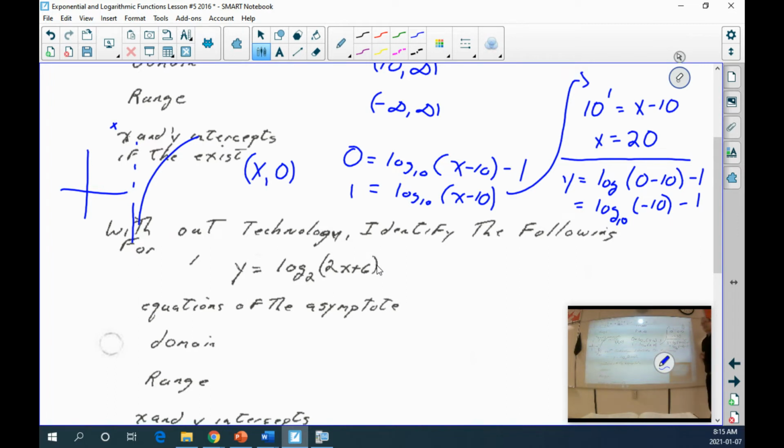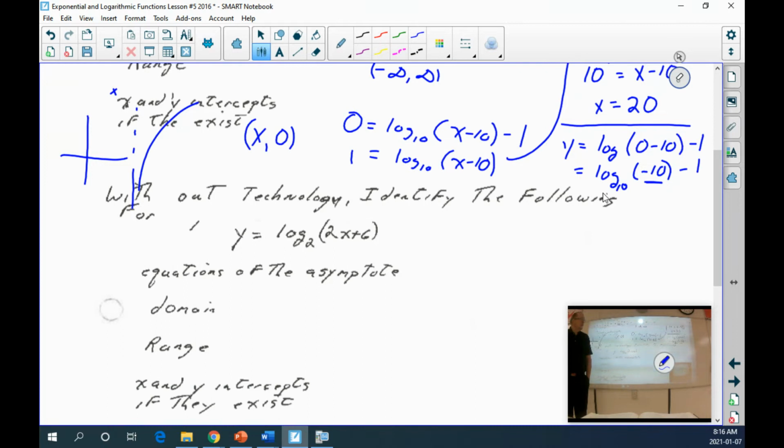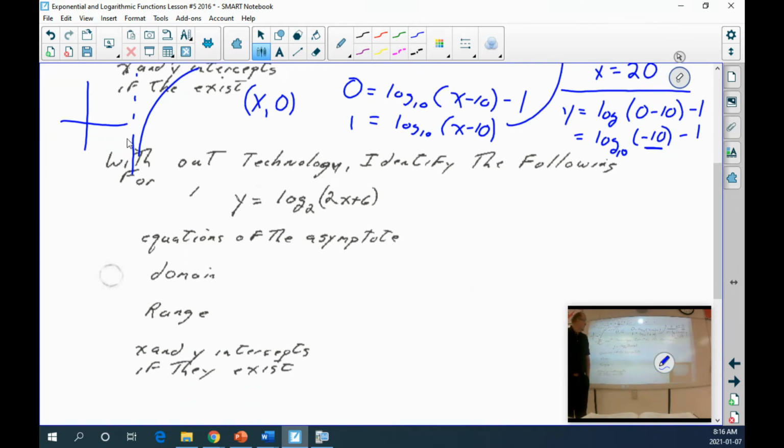There is none. There is no solution where I can go 10 to the power of something and get negative 10 out. The domain of any single-degree logarithmic function is greater than 0, so we can't figure out log base 10 of negative 10. So there is no y-intercept, as we can see by this quick little sketch that we did.